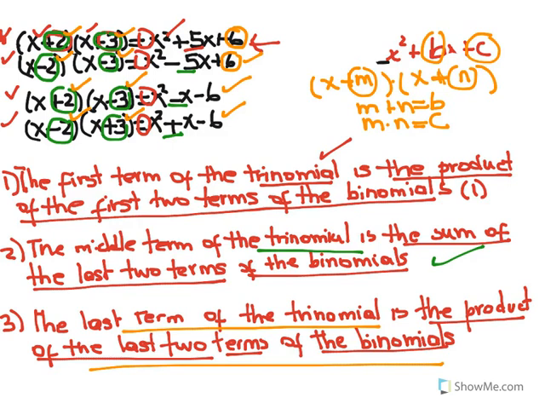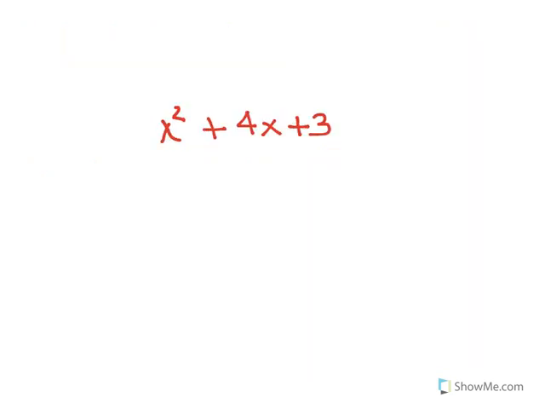Okay, why don't we do an example so you can see what I mean. So let's suppose that I have to factor this polynomial. Easy. All I need to do is I'm going to have two binomials. Now I need to look and see whether these are going to be positive and negative, or positive and positive, or negative and negative.